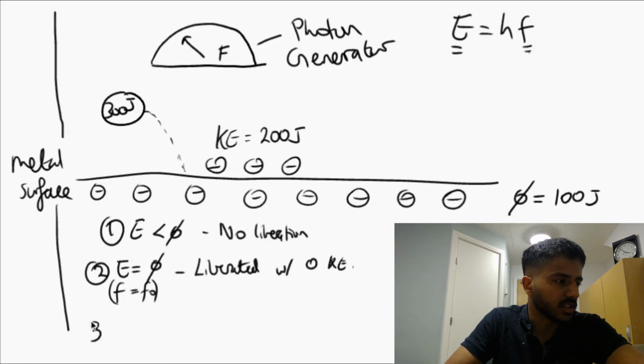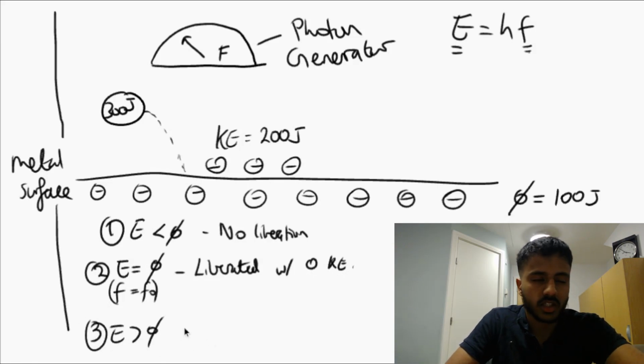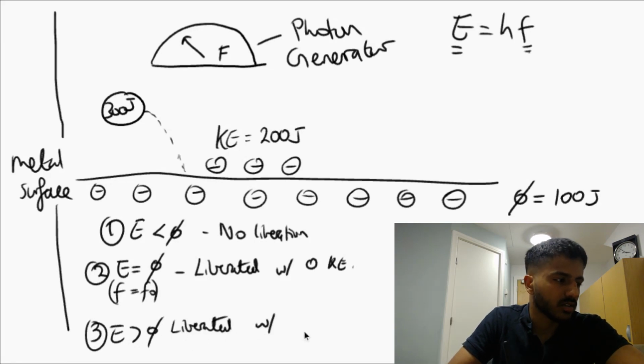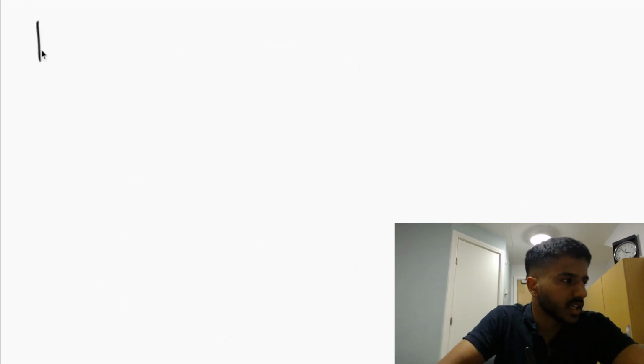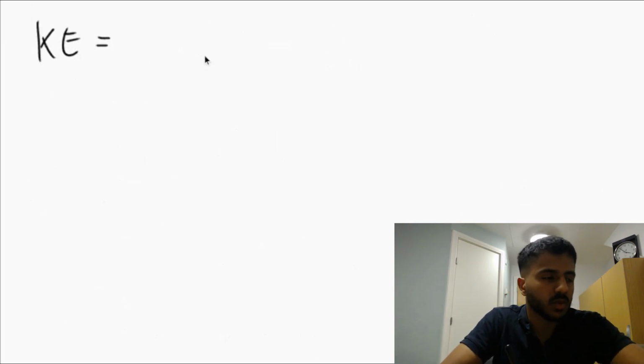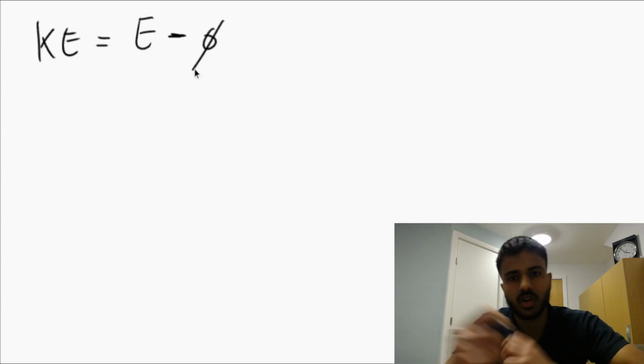And in the third case, if I had a greater photon energy than work function, the electrons will get liberated with some kinetic energy. And we could therefore say that the kinetic energy of these electrons is equal to the energy supplied by the photons minus the work function of that metal.